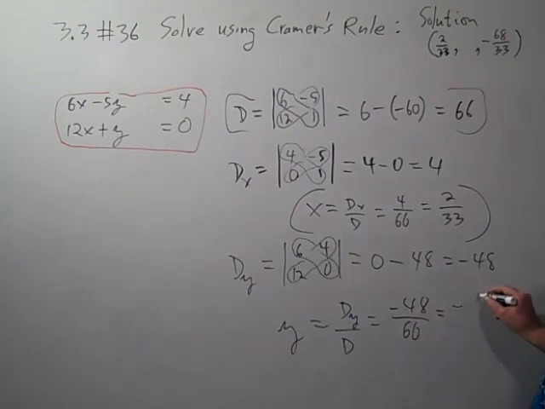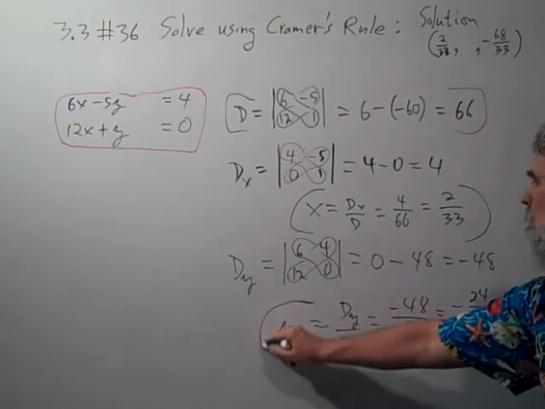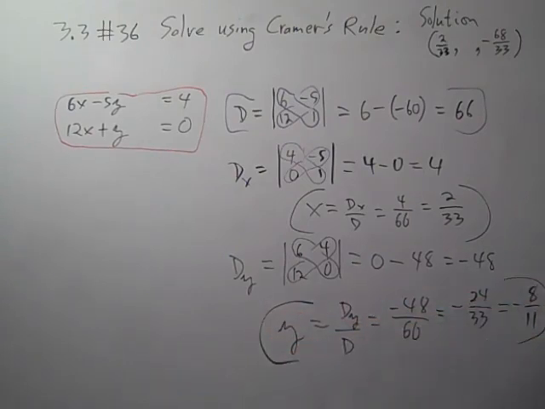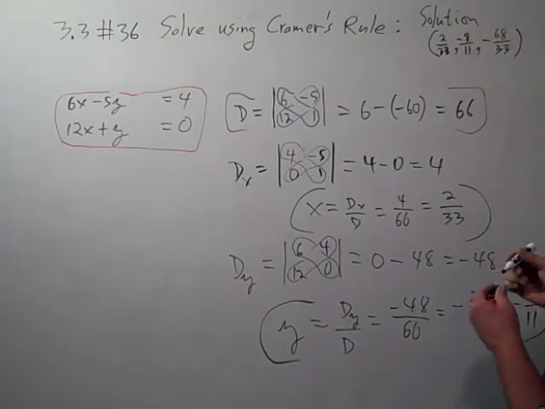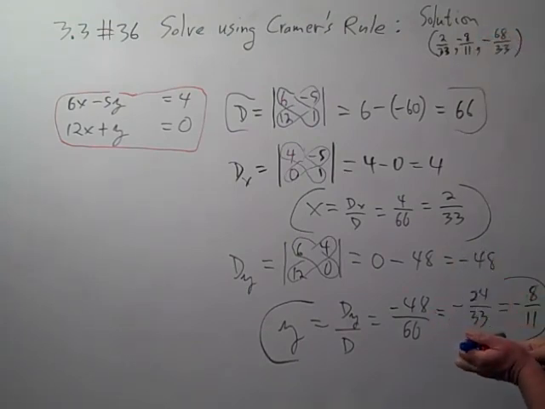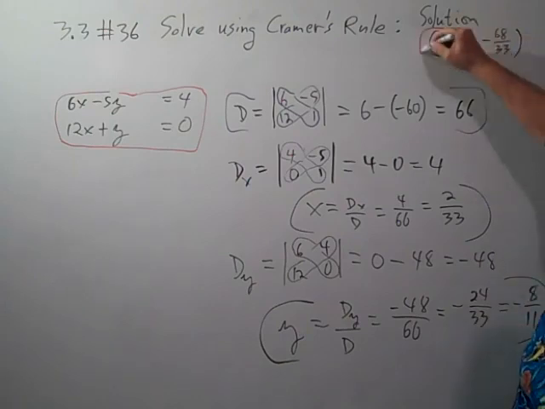And that's equal to negative 24 divided by 33. And 3 goes into 24 8 times, and 3 goes into 33 11 times. So the y-coordinate of our intersection point is negative 8 elevenths. And we'll add that up here to our one missing coordinate. And so this is the intersection point of those three planes, the solution to this linear system.